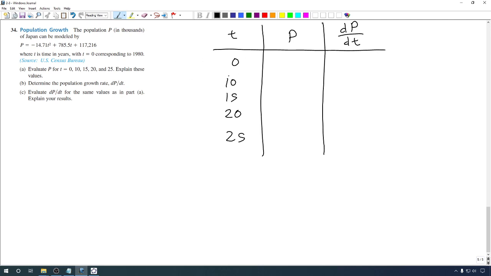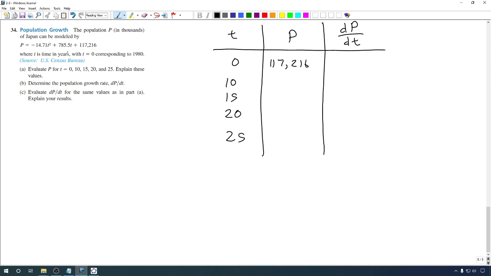Well, all we're really doing is asking what is the value of p at those t's, and I'm just using this formula. Of course, plugging 0 in is actually pretty simple. These first two terms go away, and we're just left with this 117,216.